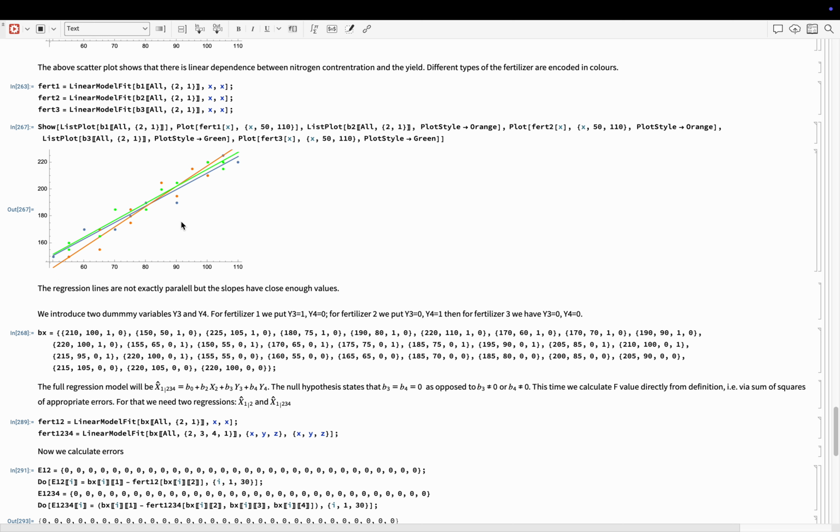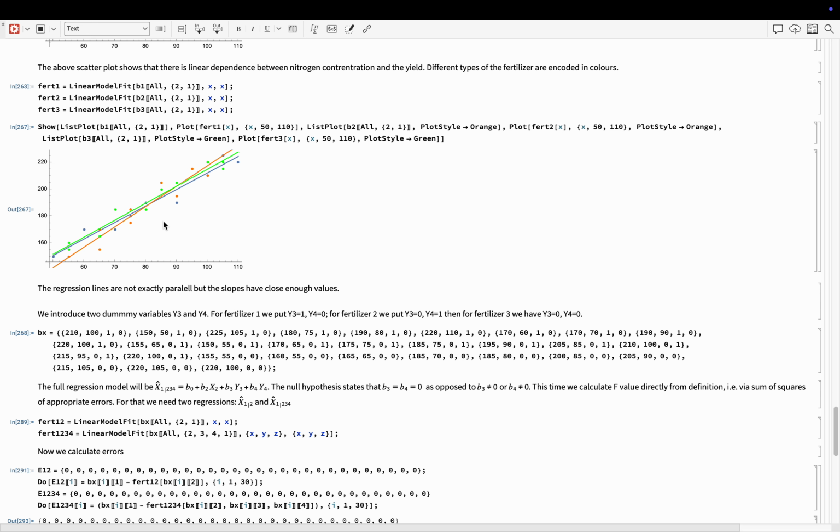Okay, then we should check for interactions, and here again this is real life data, so we don't have ideally parallel lines. However, the slopes are rather similar, therefore I would say that we can proceed with our analysis.